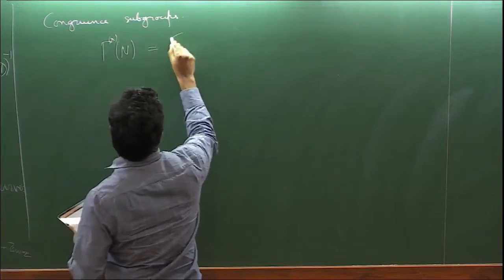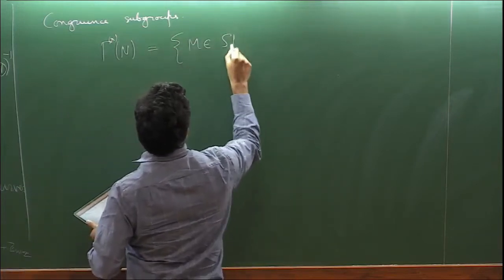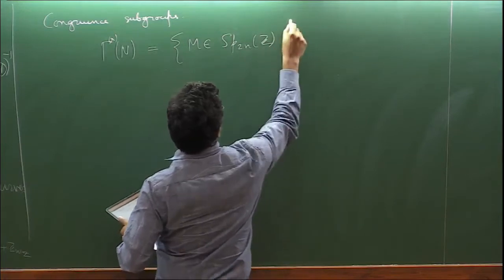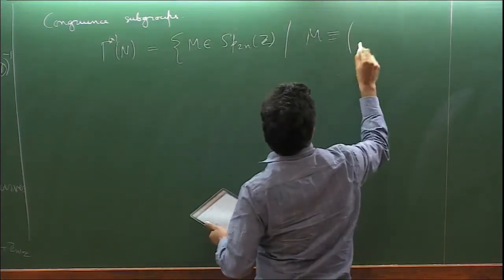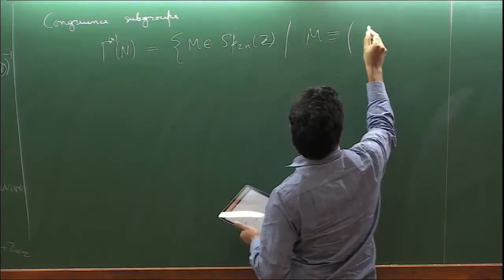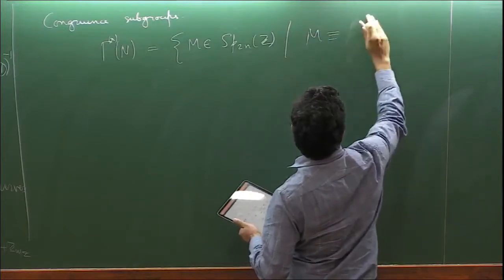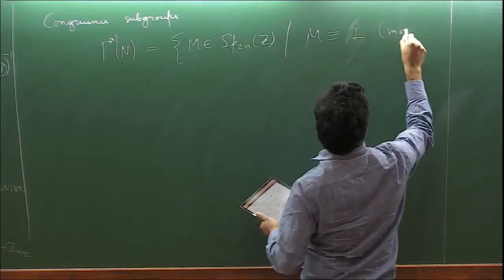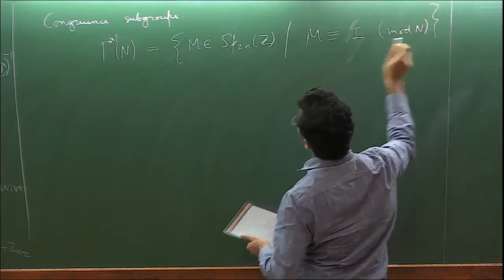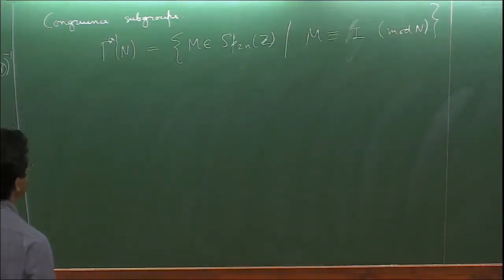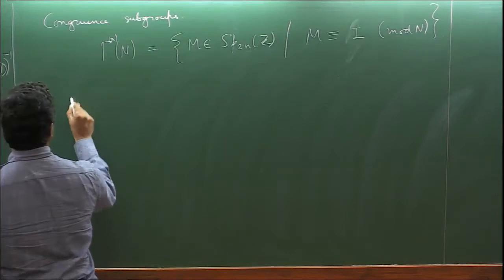So these are all M in Sp_2n(Z) such that this is congruent to the identity matrix modulo n. Okay, so these are some specific subgroups, and a congruence subgroup is any subgroup of Sp_2n(Z) which contains this for some n. So those are congruence subgroups.